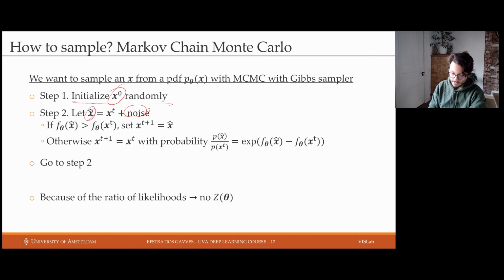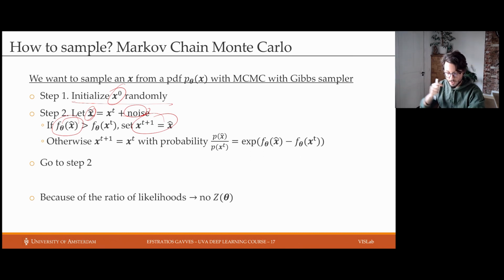So x hat is our new sample here. If the score, that is the minus energy, is higher for our new sample, it means that's good for us. It means that the new sample is even better, so we can replace it for the next time step in our Markov chain.